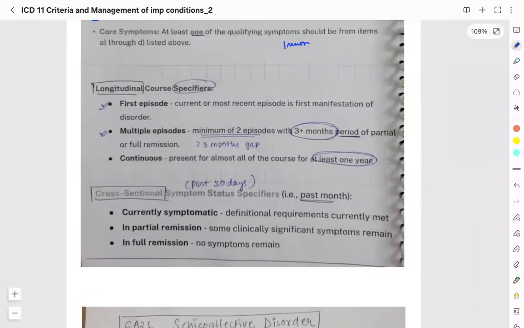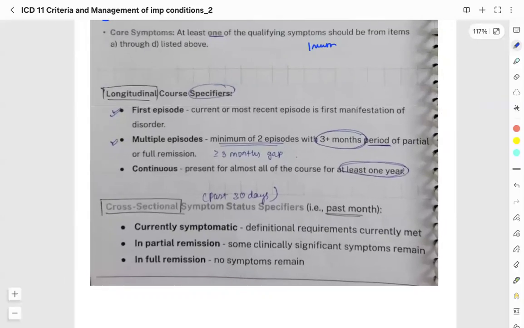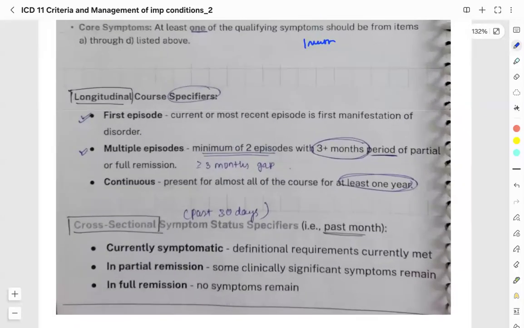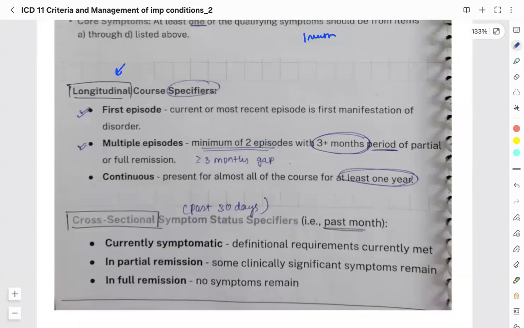In ICD-11, they have given specifiers: longitudinal specifiers and cross-sectional symptom specifiers. There is a big difference between ICD-10 and ICD-11 in this sense. ICD-10 did not describe symptoms at first episode or multiple episodes, but ICD-11 has given this specification.